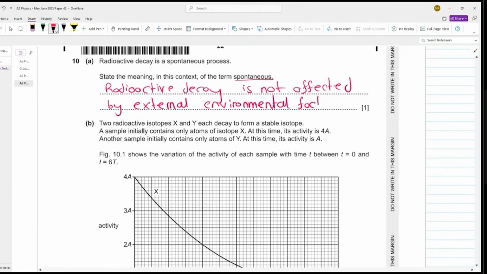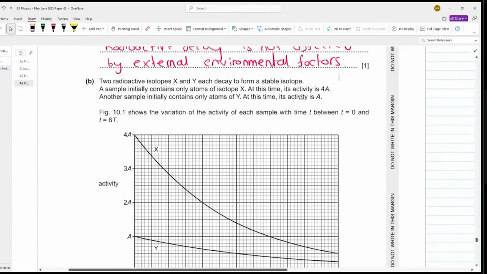Two radioactive isotopes X and Y decay to form a stable isotope. A sample initially contains only atoms of isotope X. At this time, its activity is 4A.